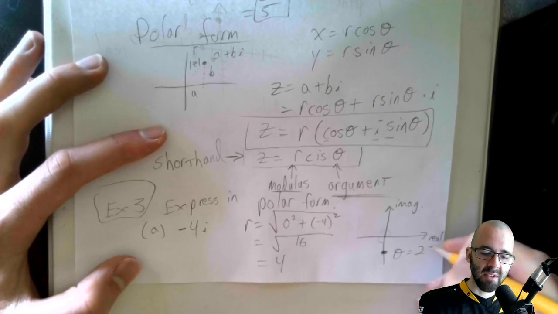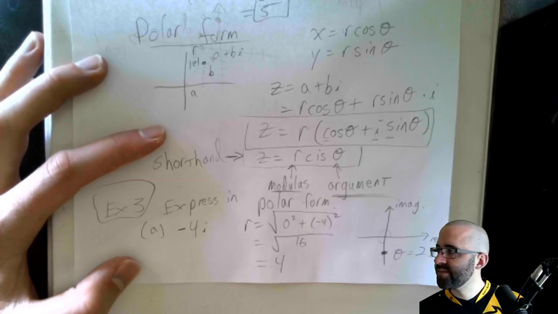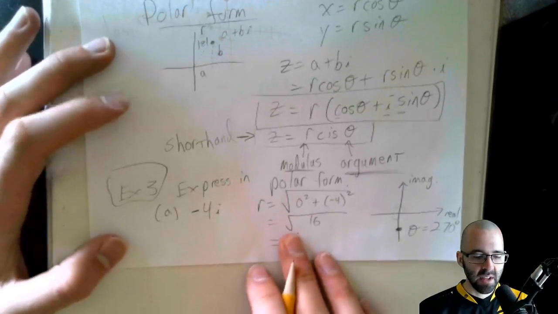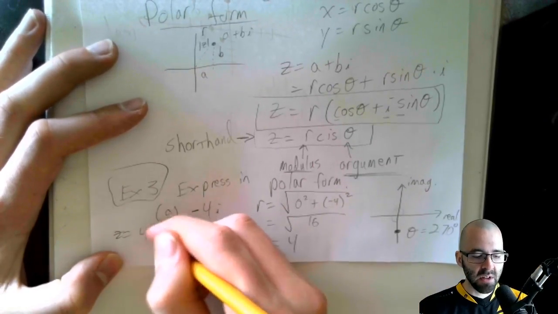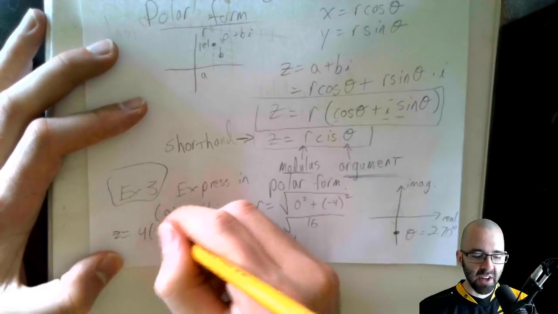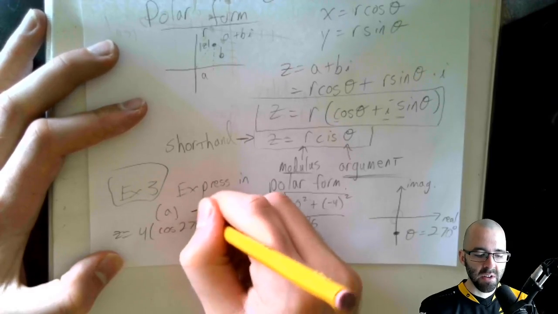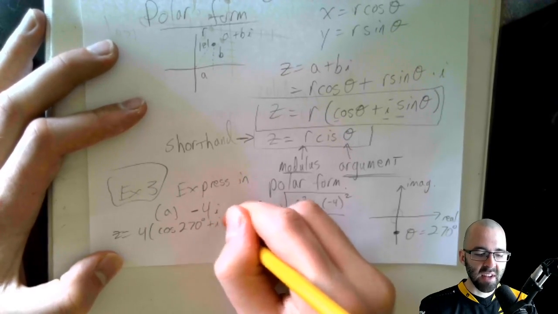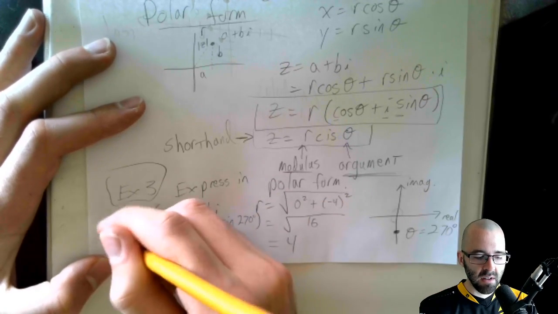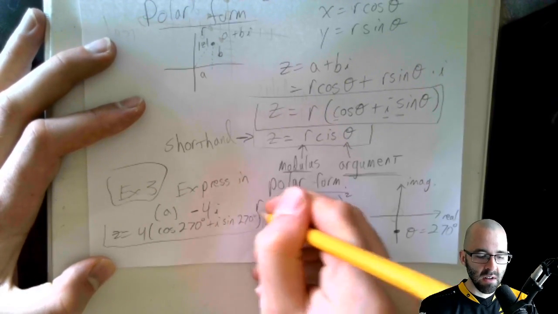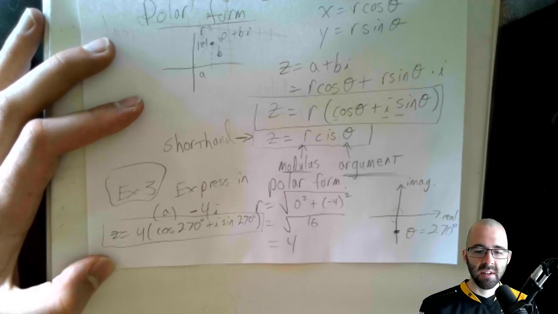We'll say theta is 270 degrees. So, in polar form, we'd say it's r, which is 4, times the cosine of theta, 270 degrees, plus I times the sine of theta, which is also 270 degrees. And that's our answer.